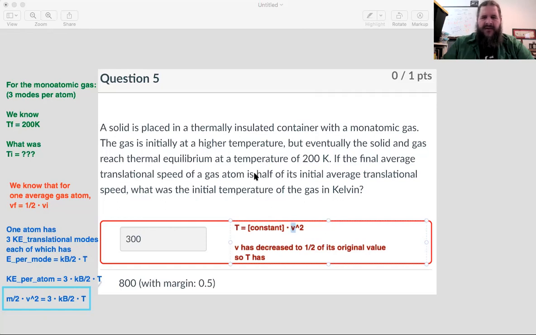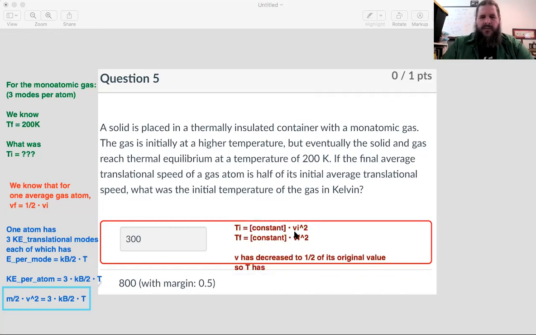And that half, I think, is best thought of as a multiplier. We're taking the original speed and we're multiplying it by 1/2. So let's call this T initial equals constant times speed initial squared. T final would be the same constant times the final speed squared. But we know that the final speed is half of the initial speed.